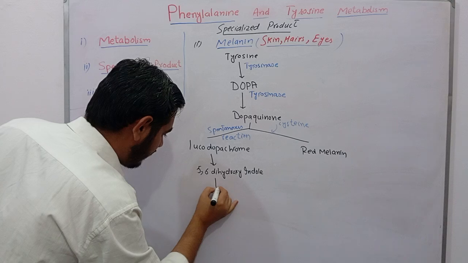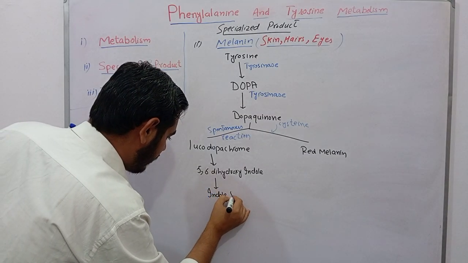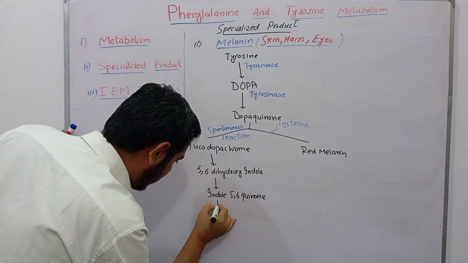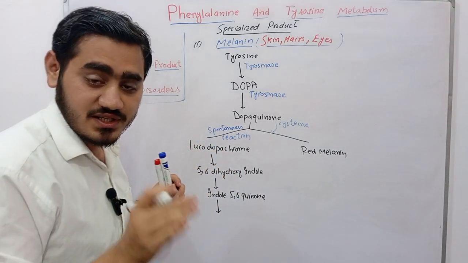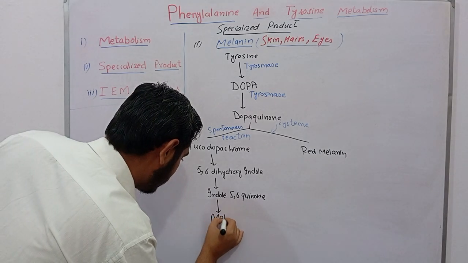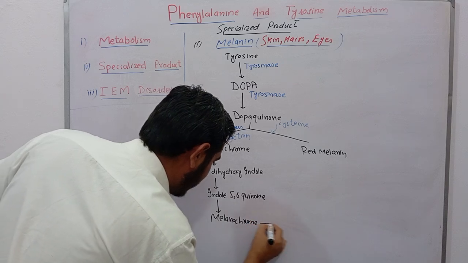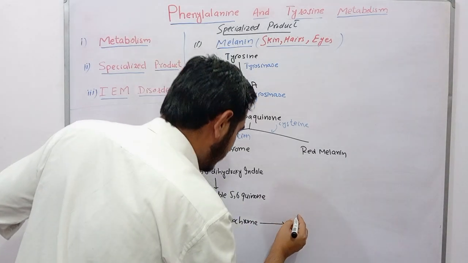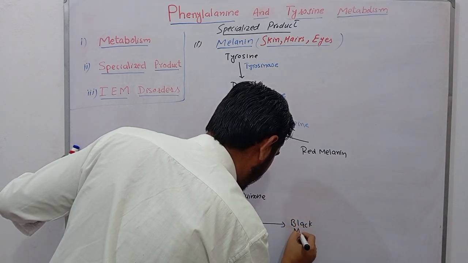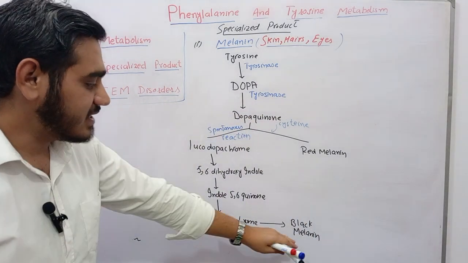Again by tyrosinase, indole 5,6-quinone, then melanochrome, and in the last reaction, again by tyrosinase, black melanin. In this way the melanin gets synthesized.